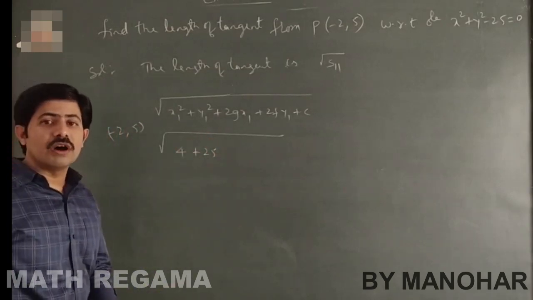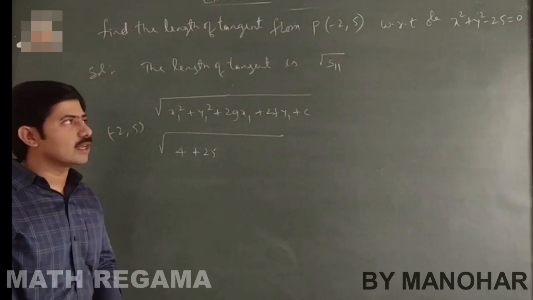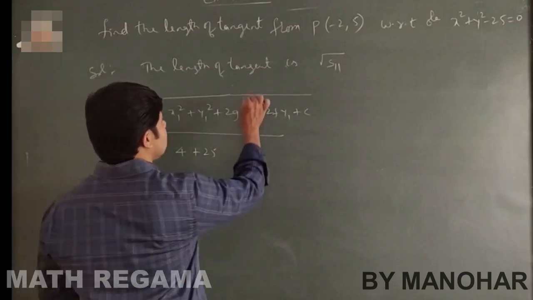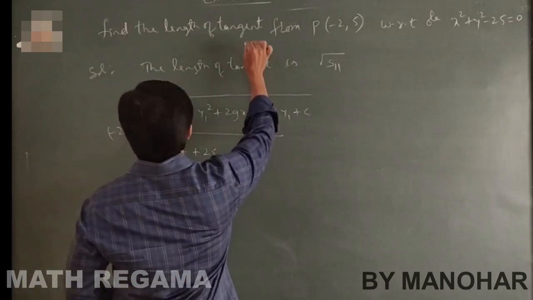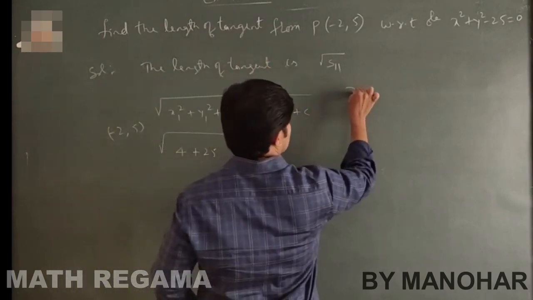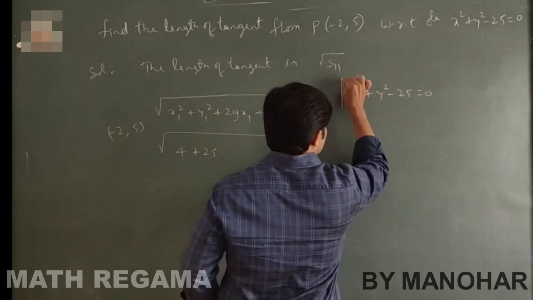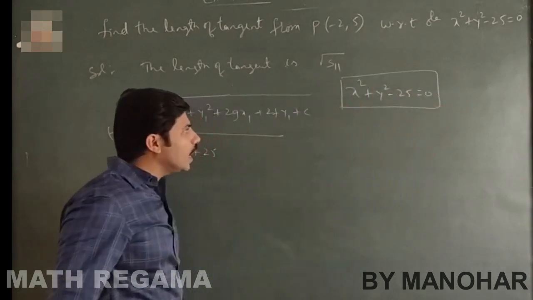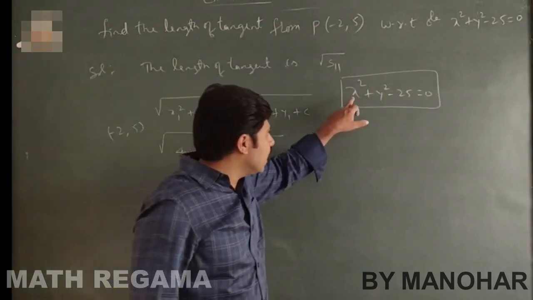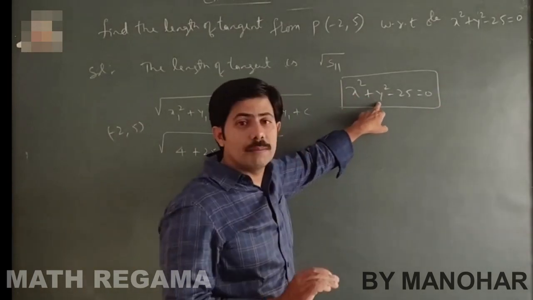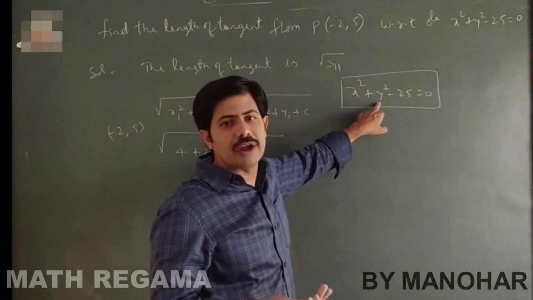Now the coefficient of x from the equation of circle is 2g. Here, the equation of circle is x² + y² - 25 = 0. So in the equation we have x² and y², but we don't have an x term and y term.